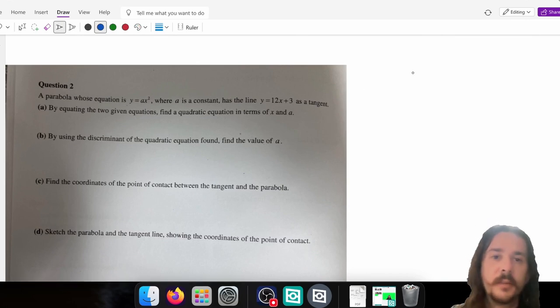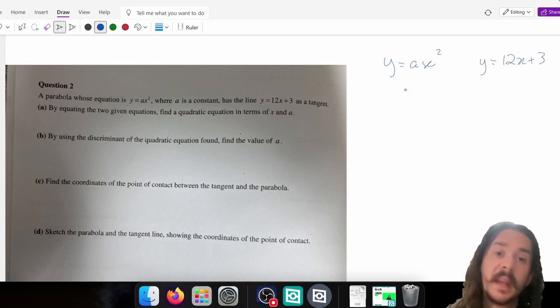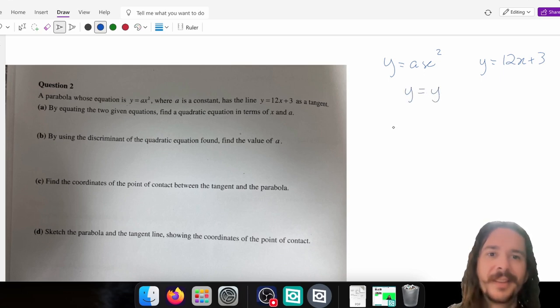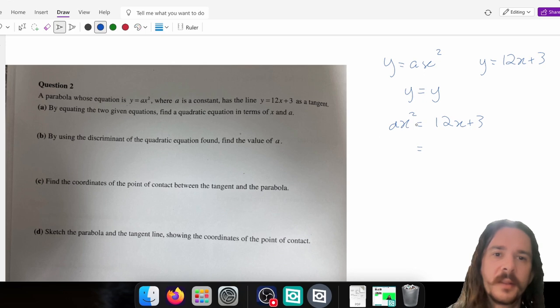So we have y equals ax squared, and we have y equals 12x plus 3. If y equals y, which it definitely does, then that means that ax squared is equal to 12x plus 3. So let's rearrange things. So 0 is going to be negative ax squared plus 12x plus 3.